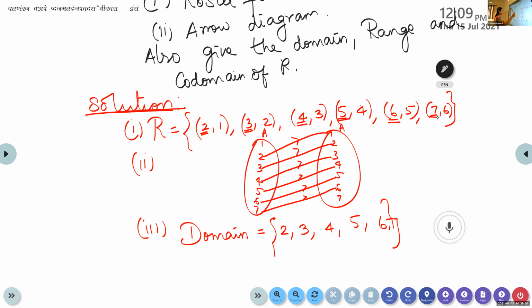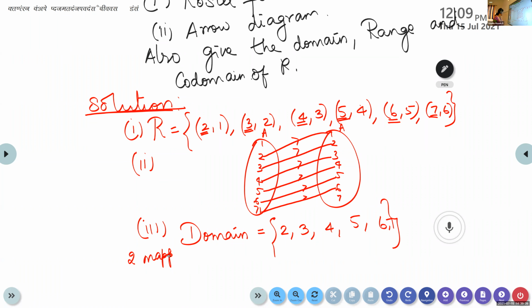Or if you look at the arrow diagram, 2 is mapped onto 1, 3 is mapped onto 2. So we take only those elements which have an image. Here 2 is mapped onto 1, which means we can say 1 is the image of 2.